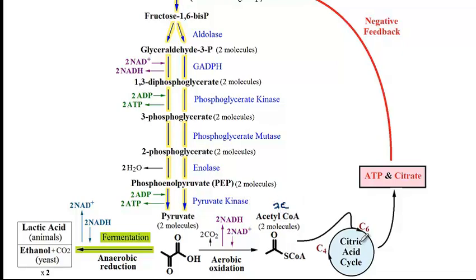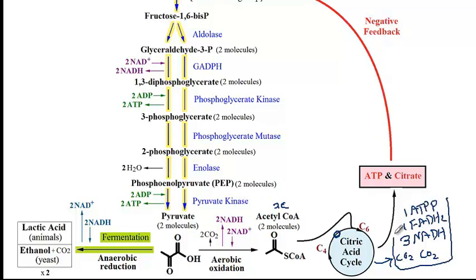It will enter the citric acid cycle, where the starting molecule is the oxaloacetate, which is a 4-carbon molecule. But then once it combines with a 2-carbon molecule, it yields citrate, which is a 6-carbon. And throughout this whole reaction, 2 CO2 molecules will be released, 3 NADH, 1 FADH2, and 1 ATP will be produced.